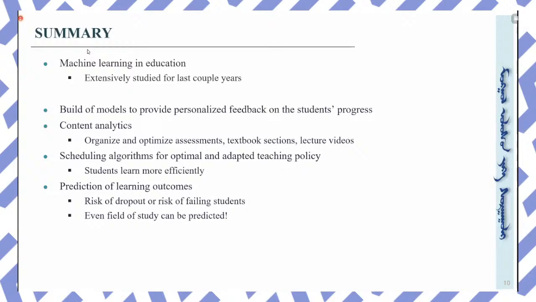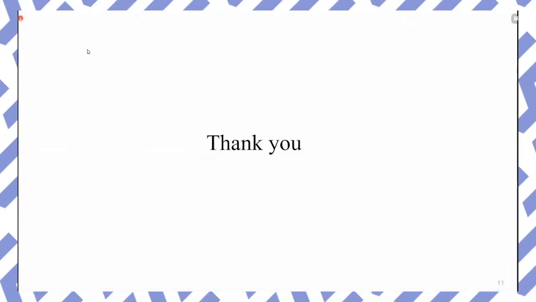Also prediction of learning outcomes, for example risk of dropout or risk of failing students. Even the field of study can be predicted using the students' entrance exam and other behavioral characteristics. So this is the wrap up of my talk, and thank you for your attention.